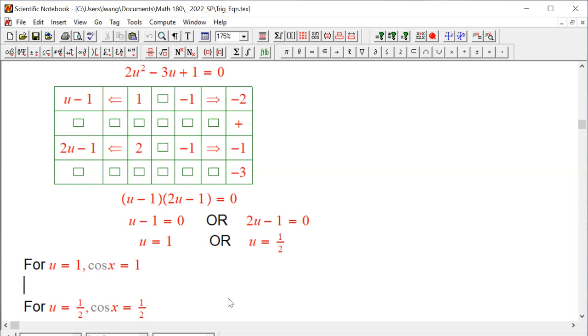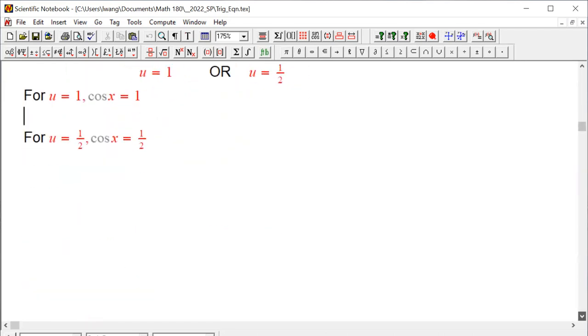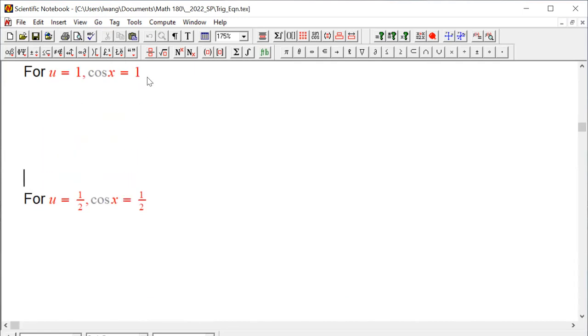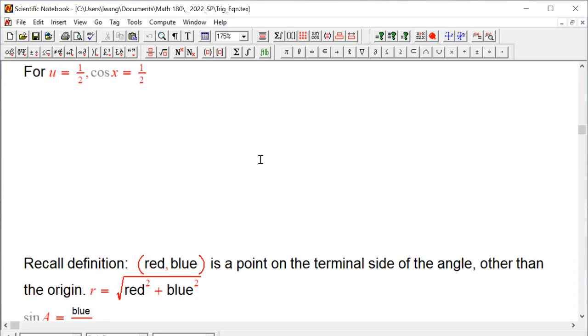All right, so now for u equals 1, this is cosine x equals 1. If cosine x equals 1, you can look at the unit circle.